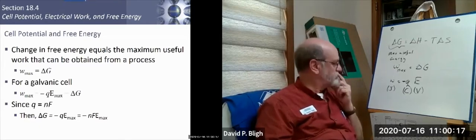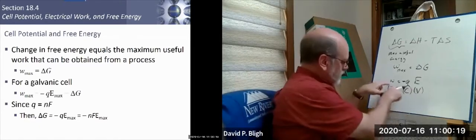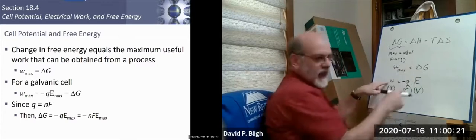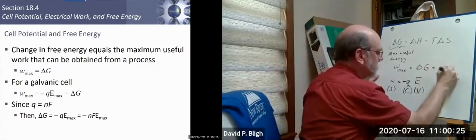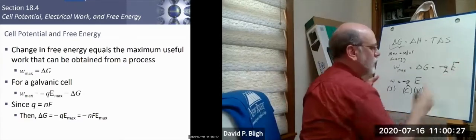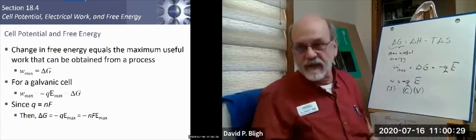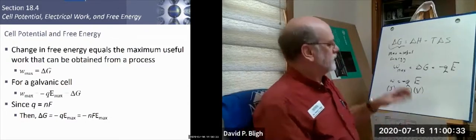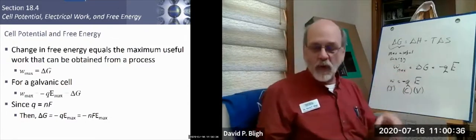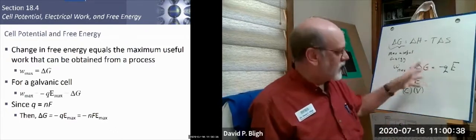Okay. So if this is equal to that and that's equal to that, right, the commutative property, this is equal to negative Q times voltage. Okay, electrical potential, electromotive force. So now we have a relationship.